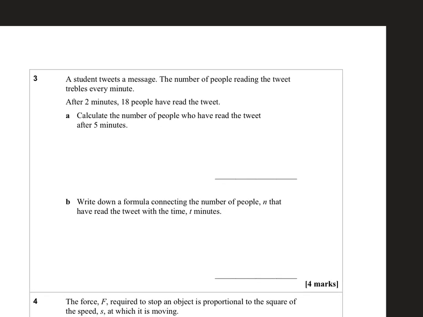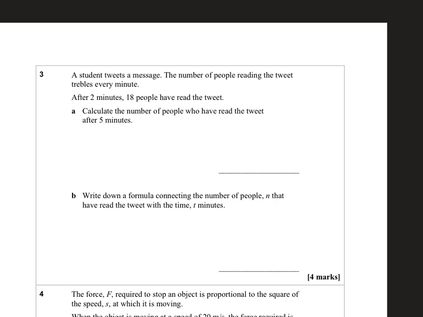Okay, question 3. A student tweets a message. Number of people reading the tweet trebles every minute. Remember, trebles, times 3. After 2 minutes, 18 people have read the tweet. Calculate the number of people who've read the tweet after 5 minutes.